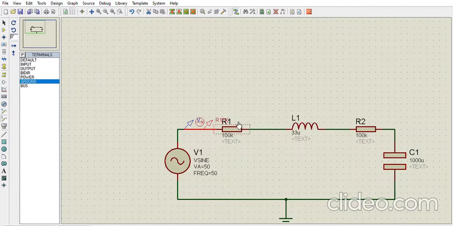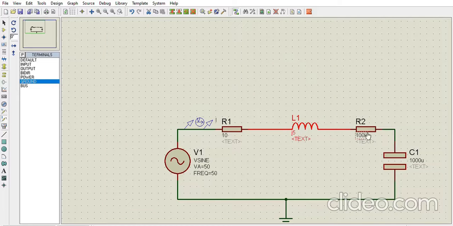So this one we edit into 10 ohm, and this one is an inductor, so later on we need to change this into 5.